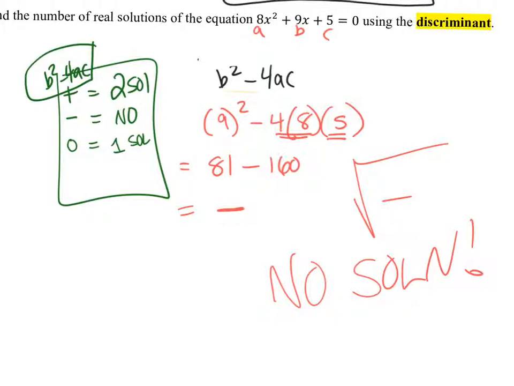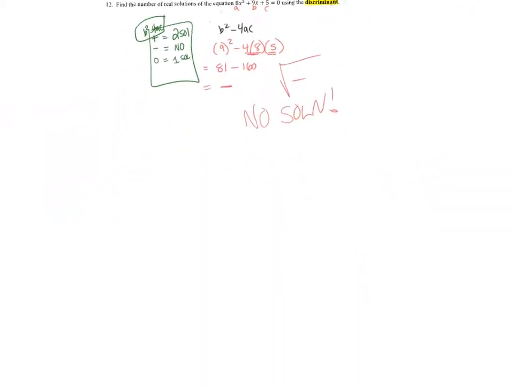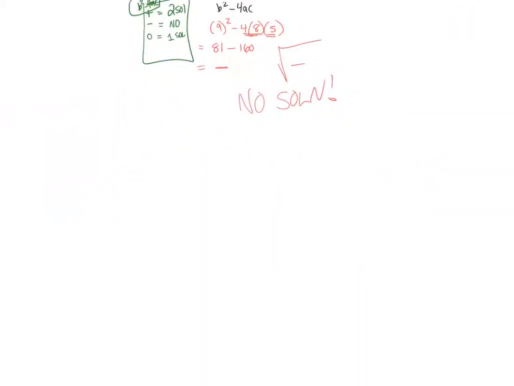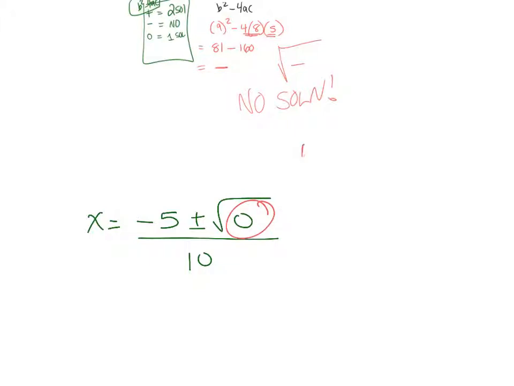So if you had, for example, the quadratic formula, and you did the work and x equals negative 5 plus or minus 0 over 10. When you go to do the work, your answer is not 0. The discriminant is 0, but that means you have 1 solution.